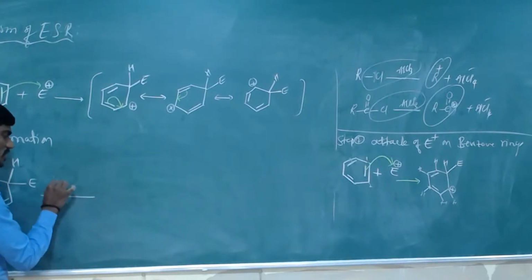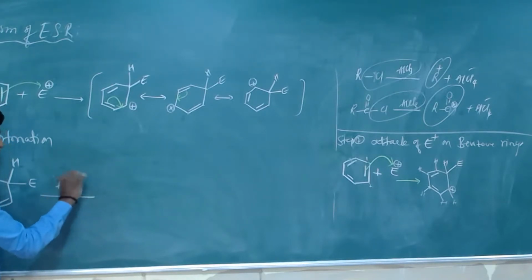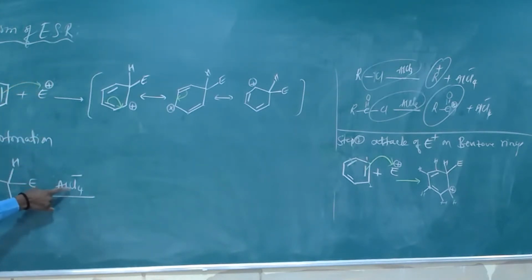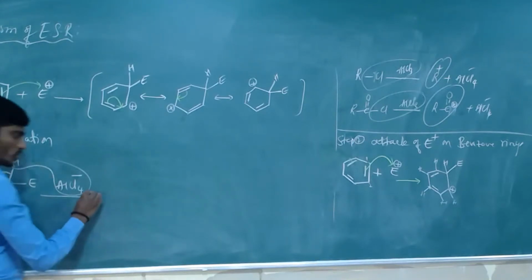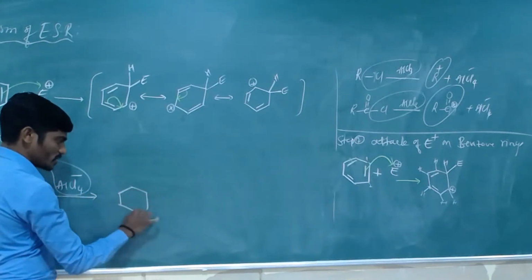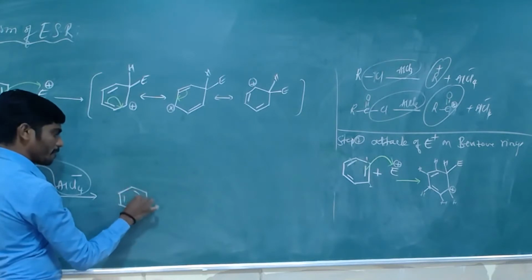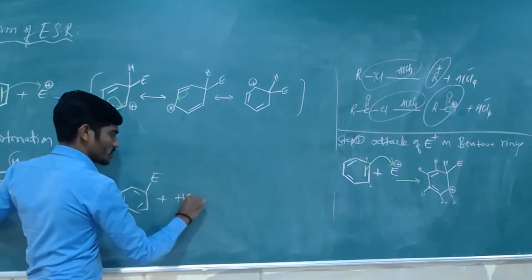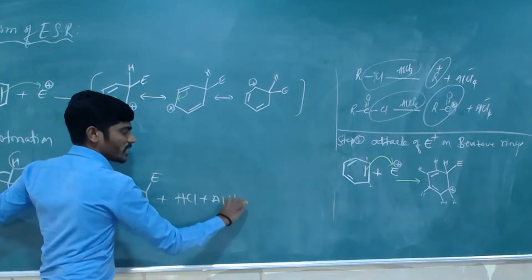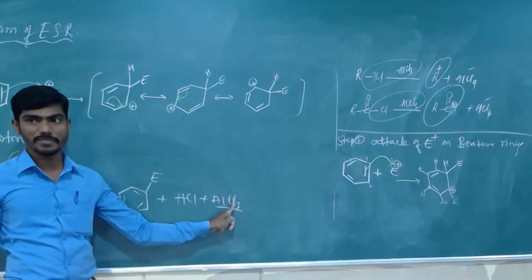In the presence of AlCl4 minus, in the case of halogenation, the byproduct negative part, this hydrogen will be eliminated. So this bond is shifted back, and this gives rise to the product benzene with the electrophile in one position, plus HCl plus AlCl3. The catalyst remains as it is, AlCl3.